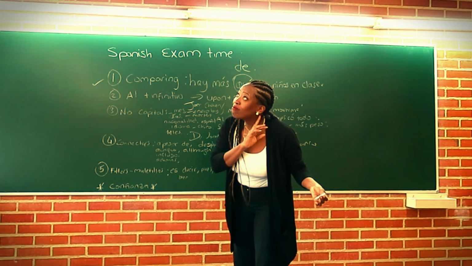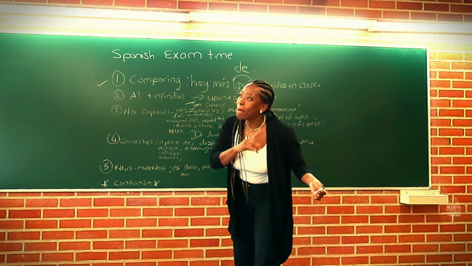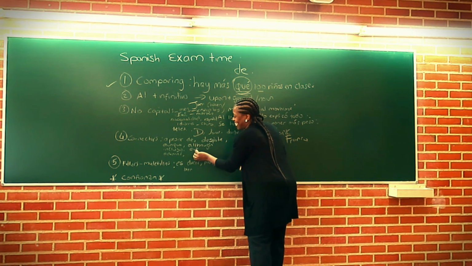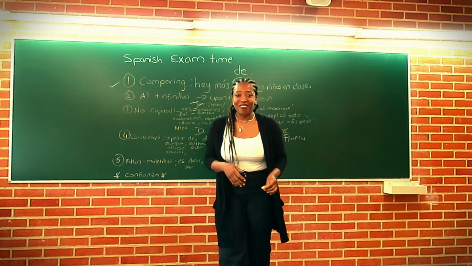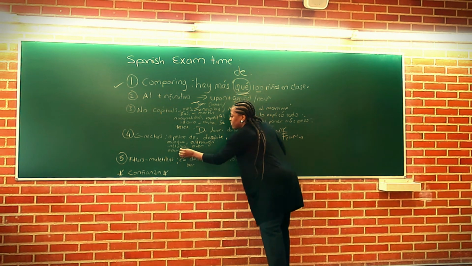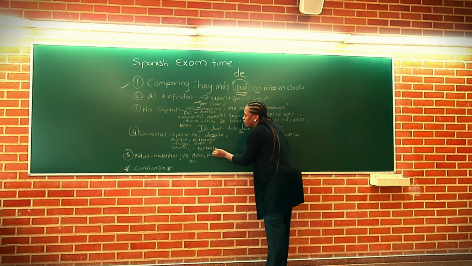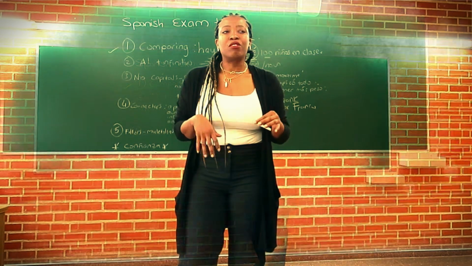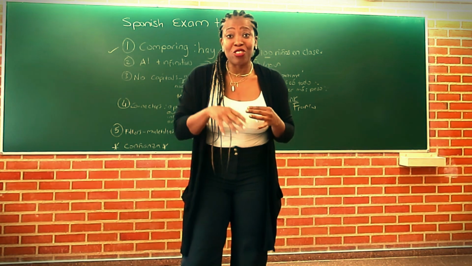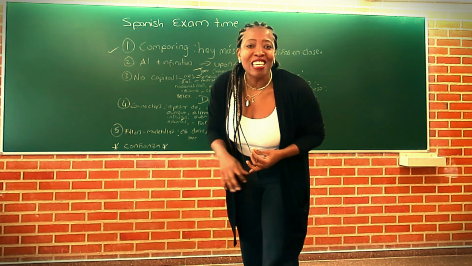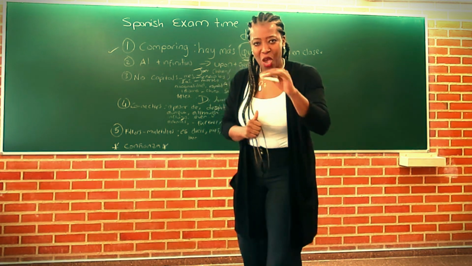Incluso. Try again. Okay, even. Very good. And además. Furthermore. Okay? So revise your connecting words and make sure you know what they mean. Jot them down. They look nice. And examiners love them. Okay?